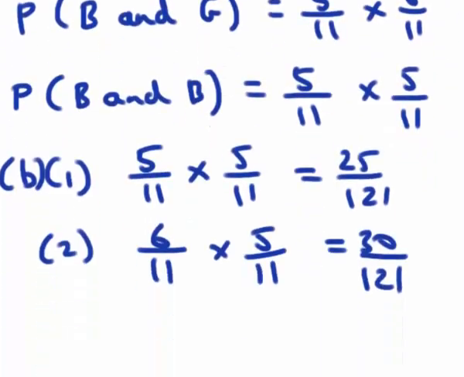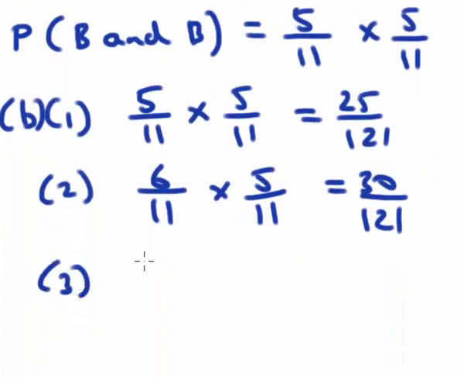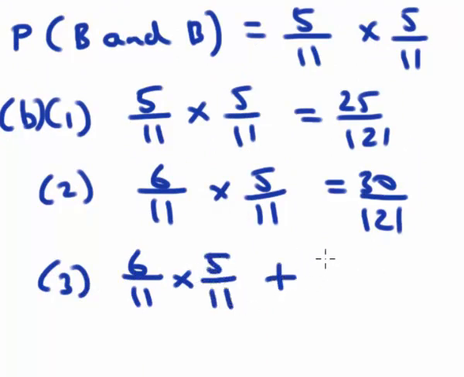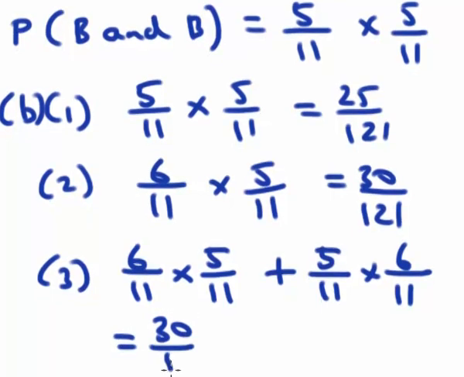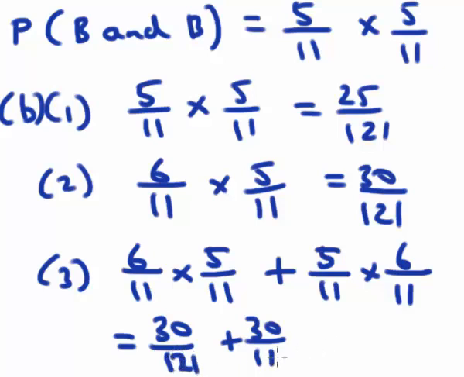So we've got a green times a blue, or we add to that a blue times a green. Do you see that there? Okay, so that gives you 30/121 plus 30/121, because we're multiplying that there. There we go. So that gives you 60/121, and that's the probability there.